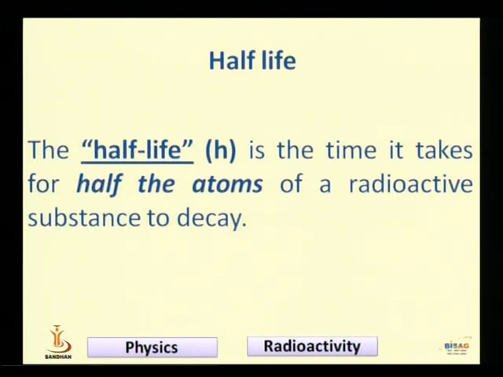Suppose you have 100% atoms or molecules, then 50% will convert into other atoms or molecules in one half-life. Every radioactive atom or molecule has a different half-life. We will understand it better with one or two examples.